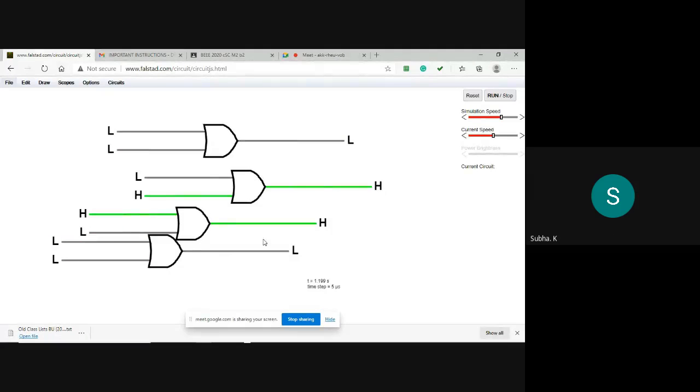Again, as you can see, logic addition 0 plus 1 is giving you 1, high state. Last condition is both the inputs are high, so the output is also high. So this is how you are verifying logic addition by using what gate? OR gate.